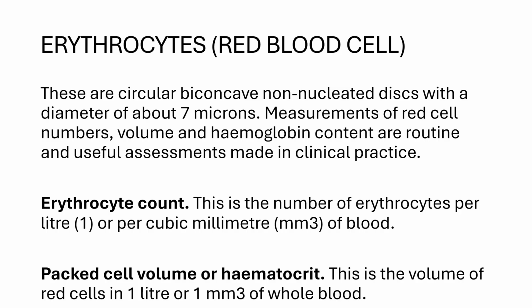When they take a blood sample, they'll check the level of the red blood cells. They want to know the erythrocyte count, which is the number of erythrocytes per liter or per cubic millimeter of blood.